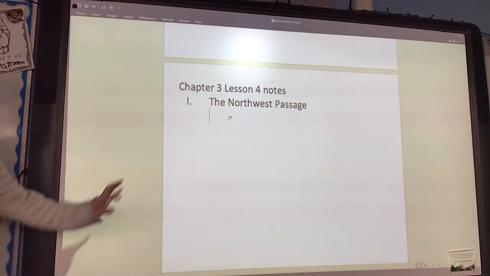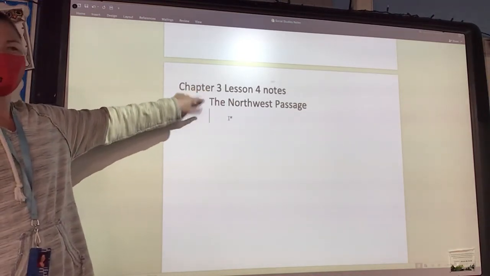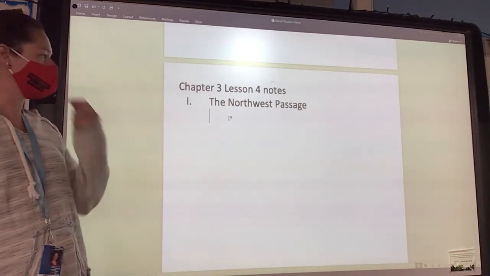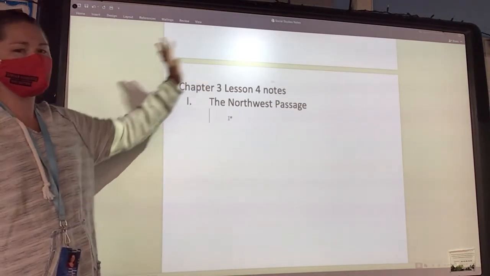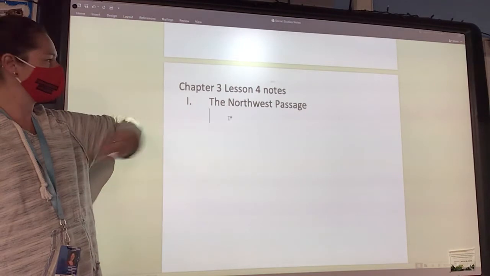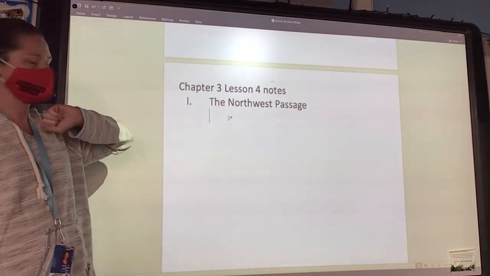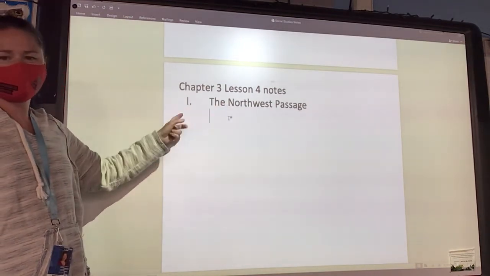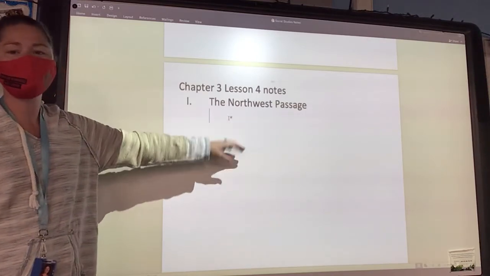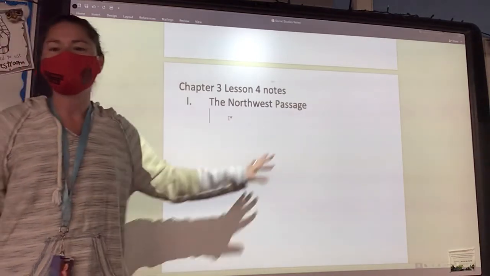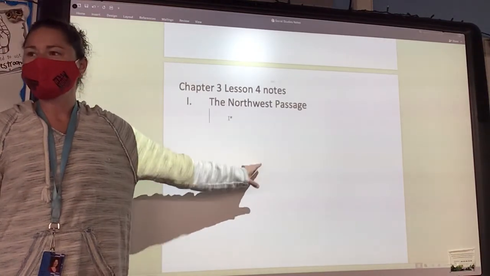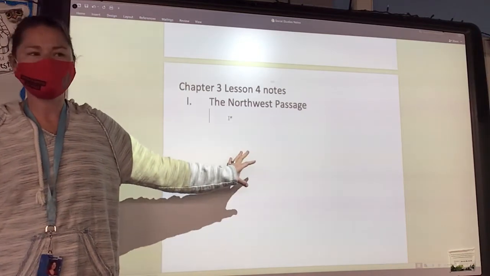On a blank page, you should have vocab, people, places for chapter 3, lesson 4 done. So you're going to turn to the next page. You're going to write chapter 3, lesson 4 notes. Roman numeral 1 is the Northwest Passage. You can set your notes up however you prefer. I'm going to put them up this way just because it's easier when I'm typing.